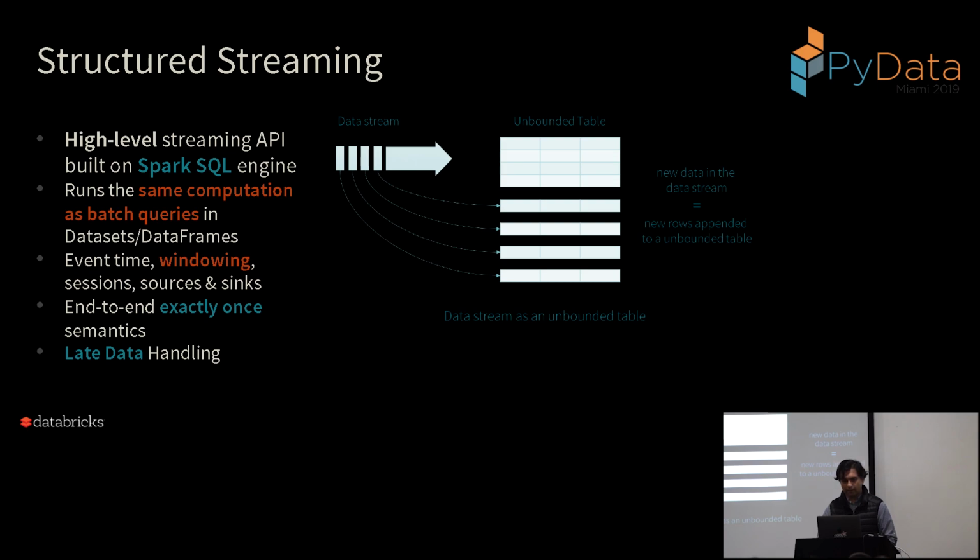And then there are a lot of streaming data related semantics that even experienced programmers often have to bake into their code, such as end-to-end exactly once guarantees and late data handling, and all of that is already baked into structured streaming and abstracted away from the end user. So as an end user, you can really focus on the business logic, and you don't have to worry about engineering a streaming solution.